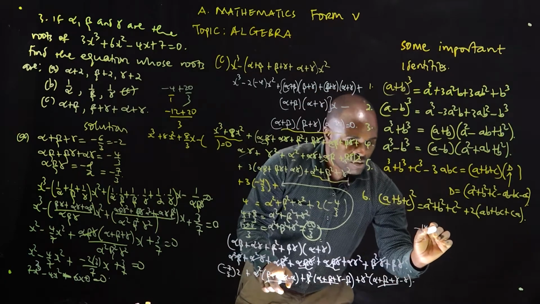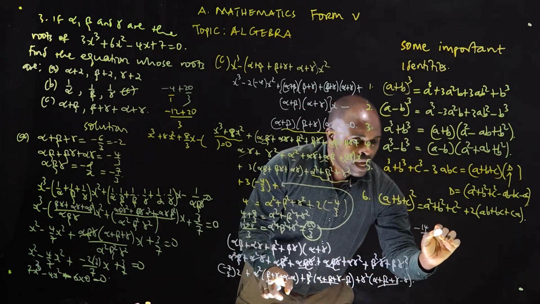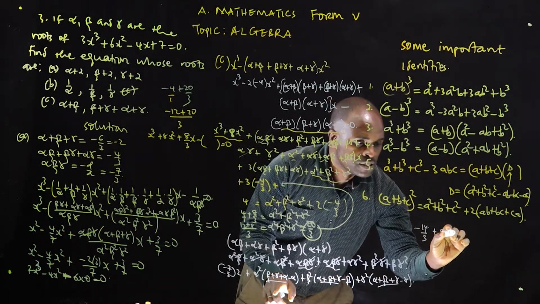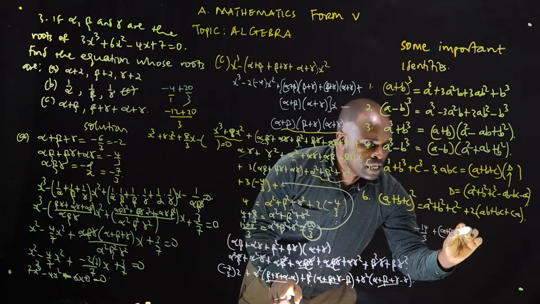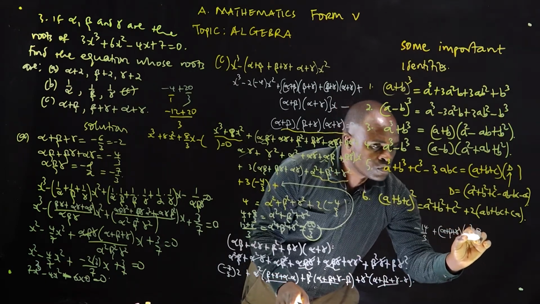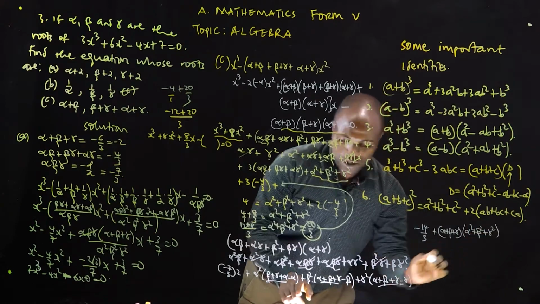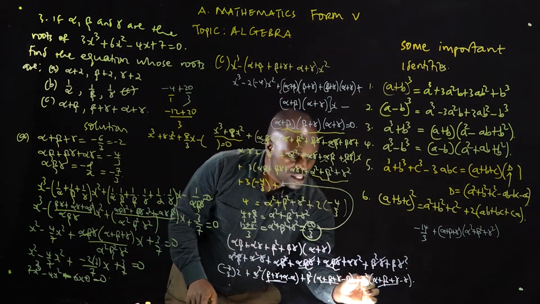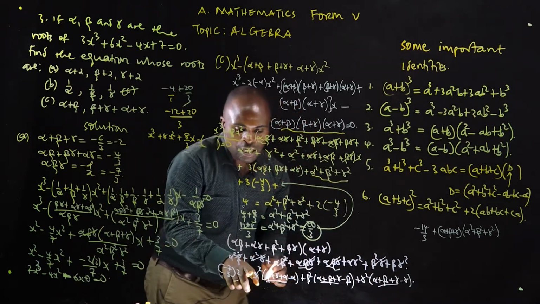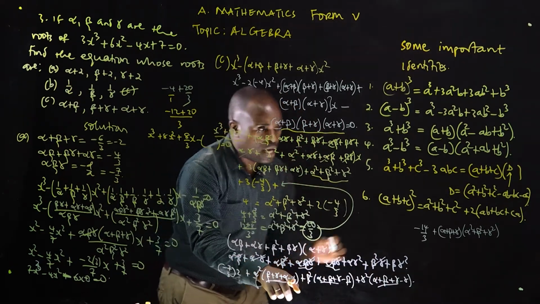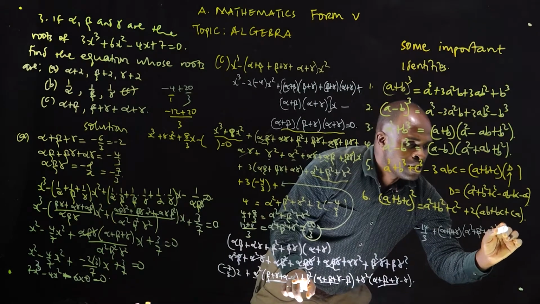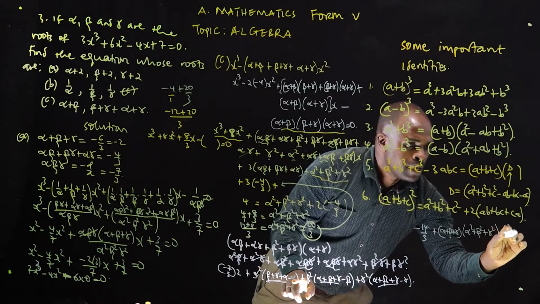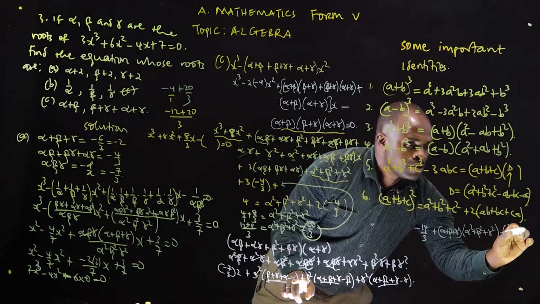Taken outside, we are going to get alpha plus beta plus gamma, and here alpha square plus beta square plus gamma square, by factorization. What remains is, when alpha square goes inside here, you're going to have minus alpha cube, beta cube, gamma cube.